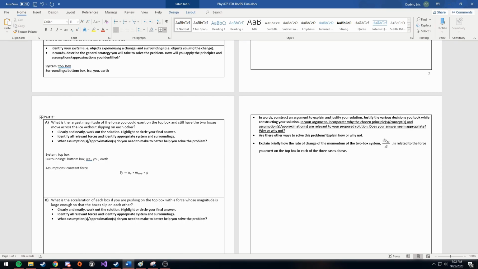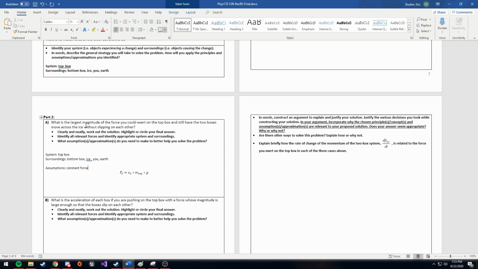So try to simplify the situation a little bit: instead of two boxes on top of each other, one box on the ground. The question now becomes, what is the minimum amount of force required to move the box, or the maximum amount of force required so the box doesn't move.